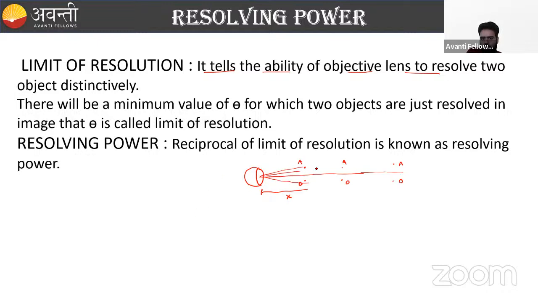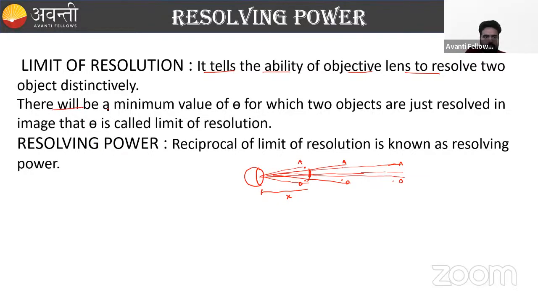As the object moves away from our eye, the angle subtended by the object continuously decreases. So there is a limiting angle, a critical angle, up to which we can see the two objects distinctively. After that angle, we can't see a clear image.